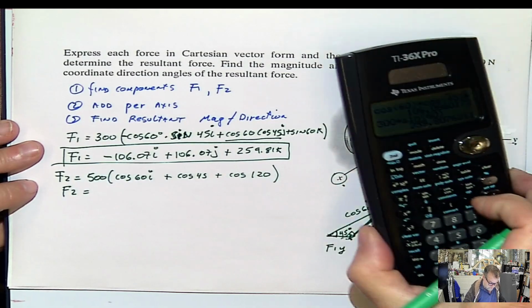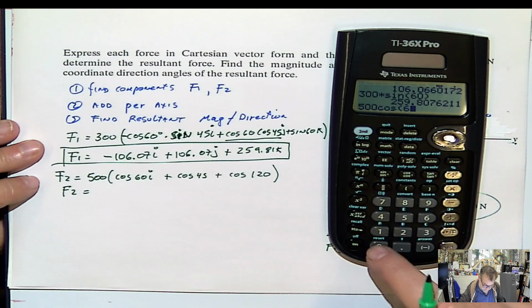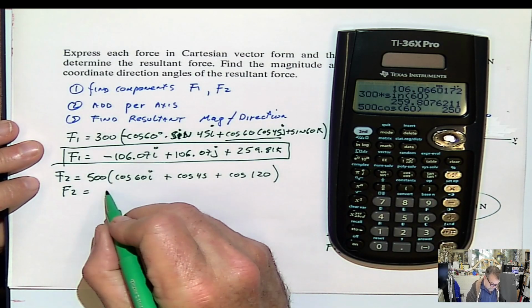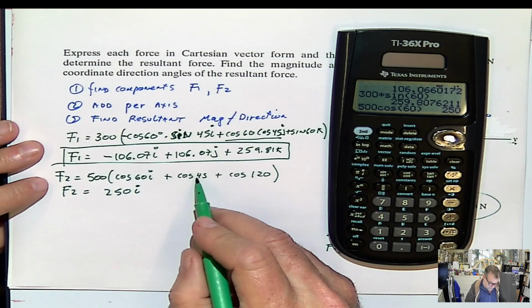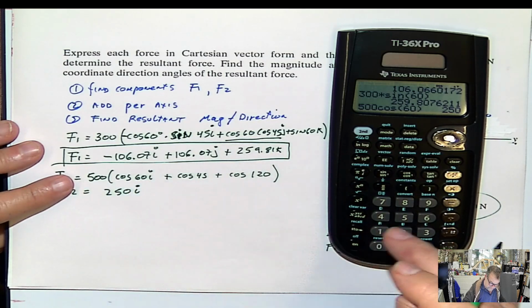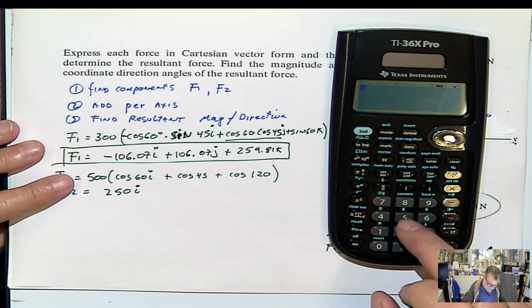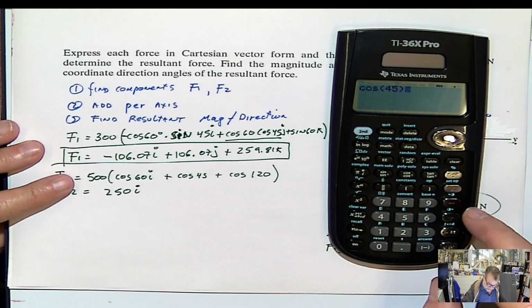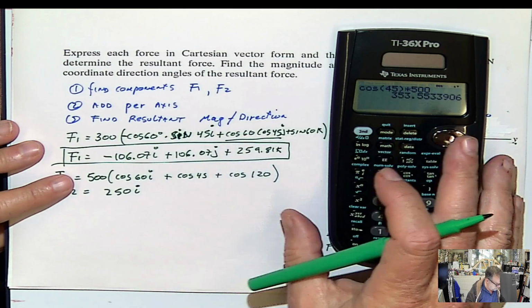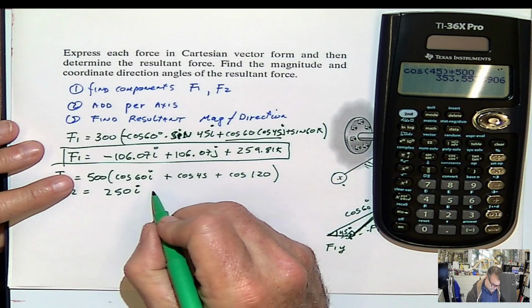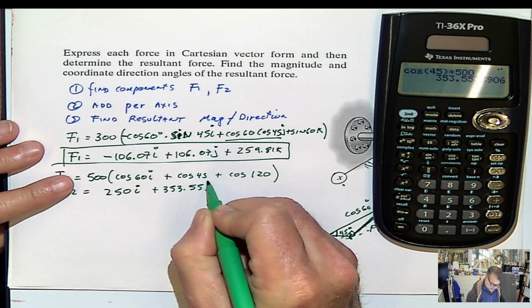So F2 is going to be 500 cosine 60, which is sine 30, so it's going to be 250 i. Cosine 45 times 500 is going to be 353.55 in the j direction.